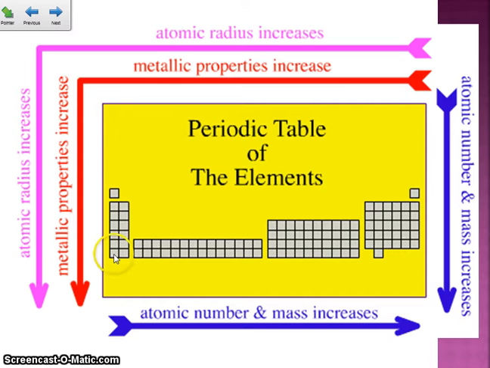Also, as you go down in the periodic table, these elements will gain metallic properties. And then the one that goes in the opposite direction is atomic number and atomic mass. As you go from left to right, they will increase. And as you go top to bottom, they will also increase. Okay, you're going to be responsible for knowing these on your test and applying them to different situations.